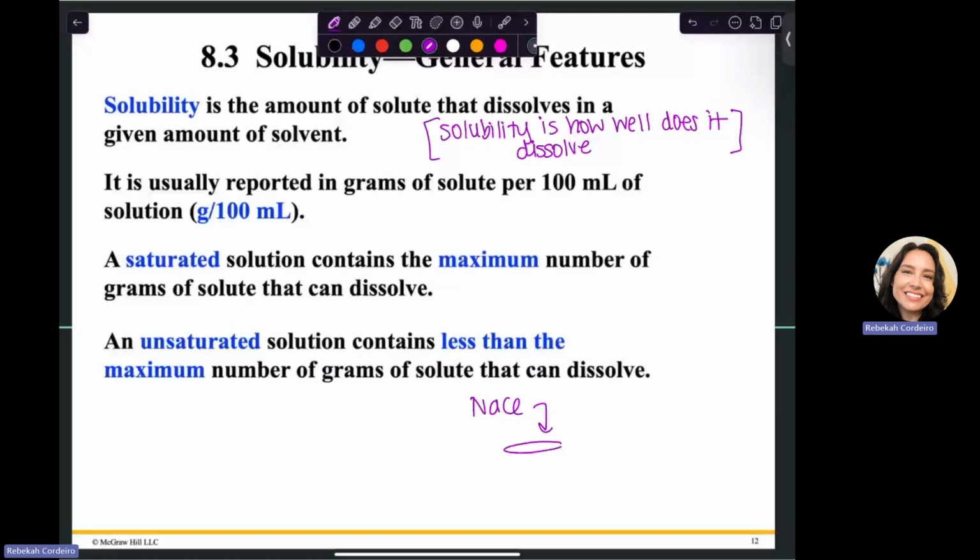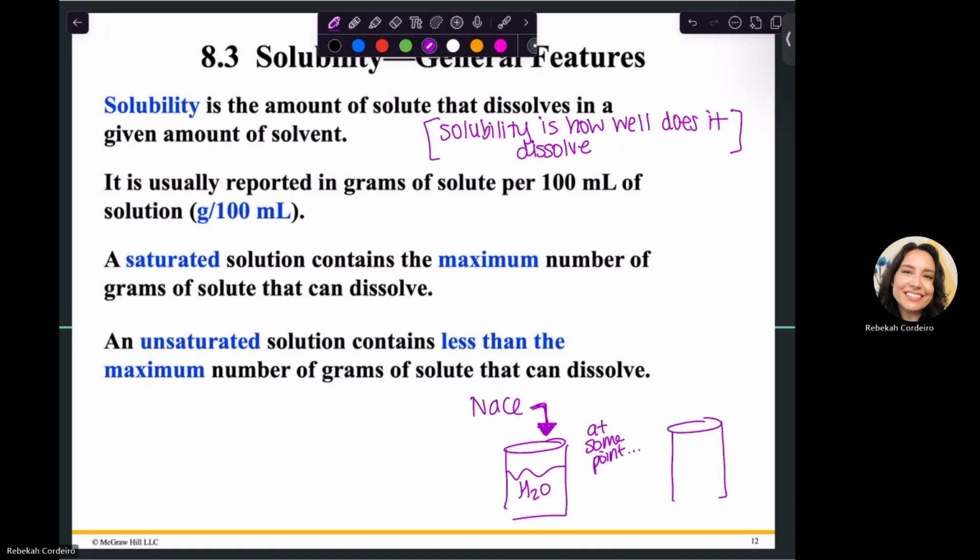If I'm pouring a bunch of NaCl into a cup of water, we can pour and pour and pour, and at some point we're going to get to the point where the water can't hold the NaCl anymore. If you keep pouring past the solubility, you would have water and NaCl solid at the bottom.